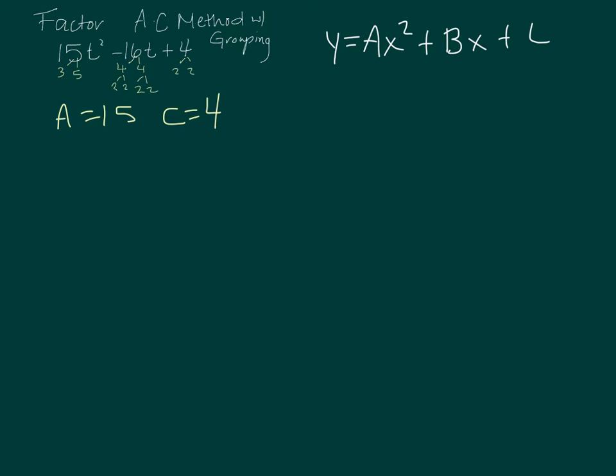And so in order to start the process of factoring this, I'm going to multiply A times C together. When I multiply 15 times 4, that gives me 60. Okay, so now with 60, I'm going to find all the factors of 60.